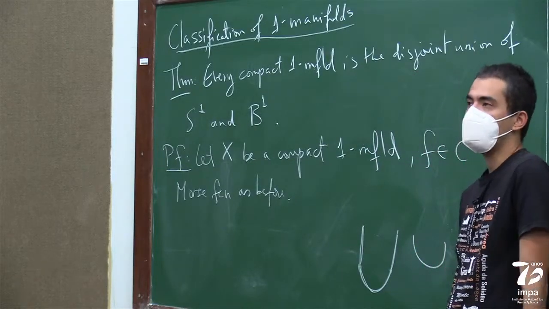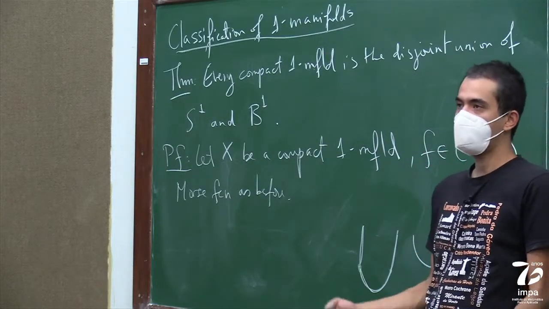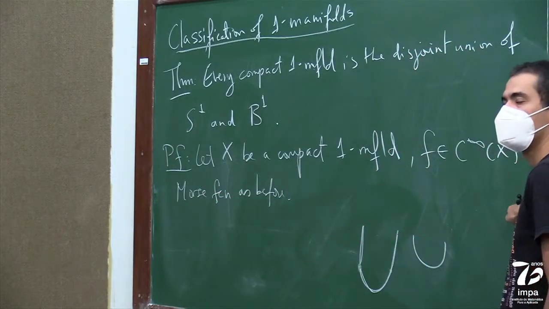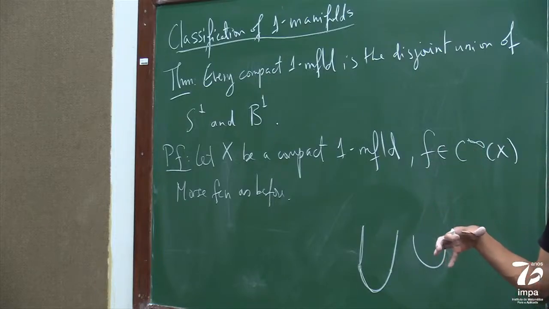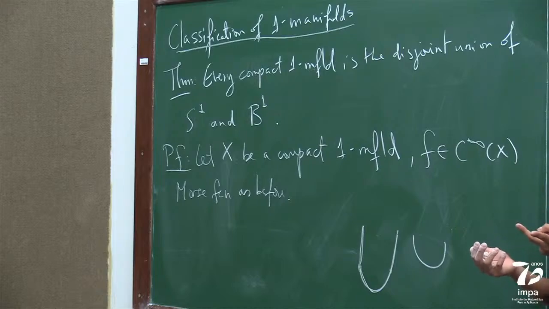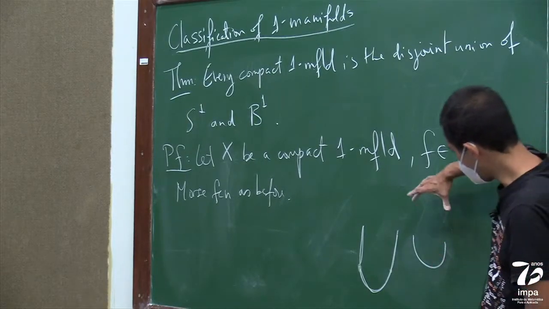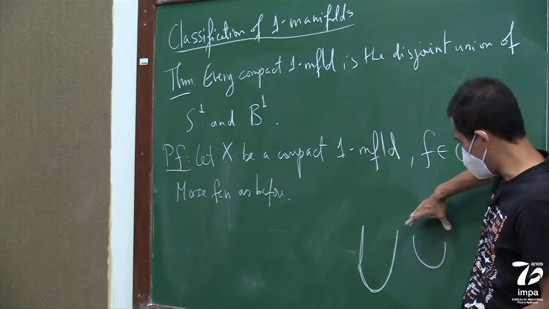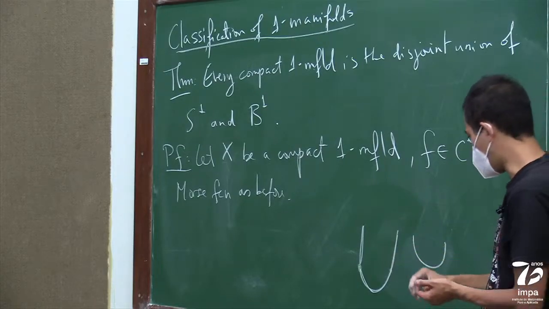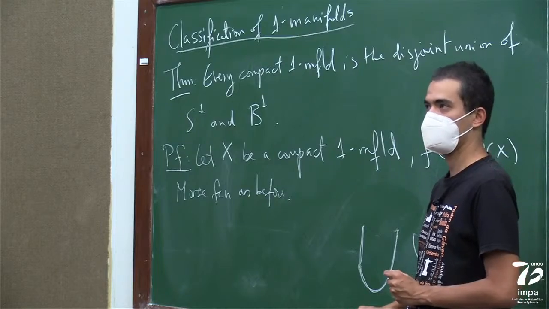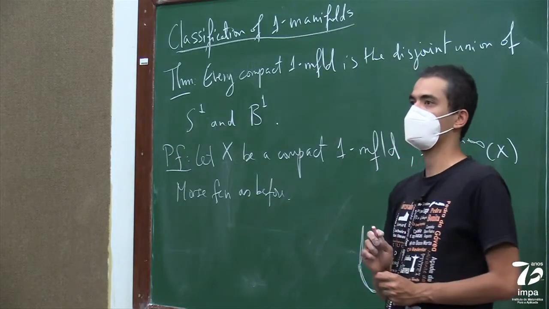Now I can either have another 0 handle, so another new interval, or a one handle. And if I have a one handle, there are two possibilities, qualitatively. This new one handle can either take these 2 points that are on the same connected component, in which case I get a circle, or it can connect two different connected components, in which case it will reduce the number of connected components.